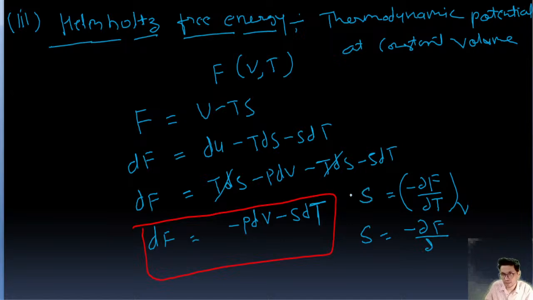Value of S is going to be minus del F over del T at constant V, right? And similarly, the value of P is going to be minus del F over del V at constant T. Okay, this one.